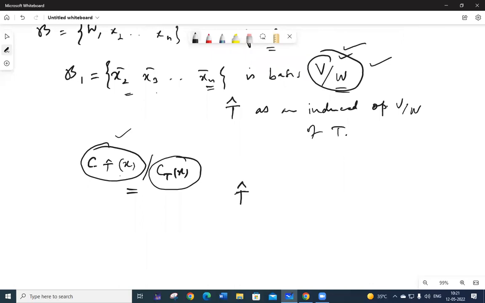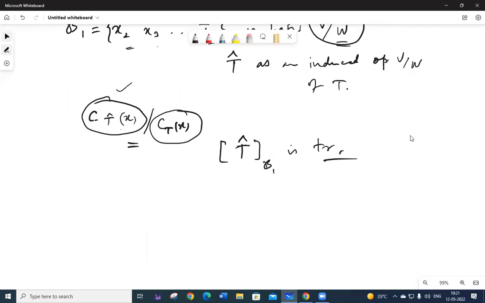By induction, the matrix of T cap with respect to this basis is triangulable. And what does that matrix look like? It would be looking this way: some alpha 2 2, then 0 and so on, 0.